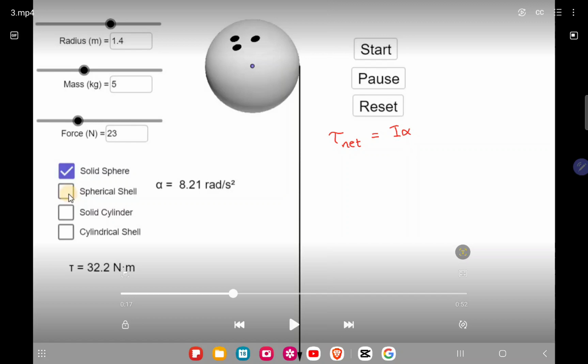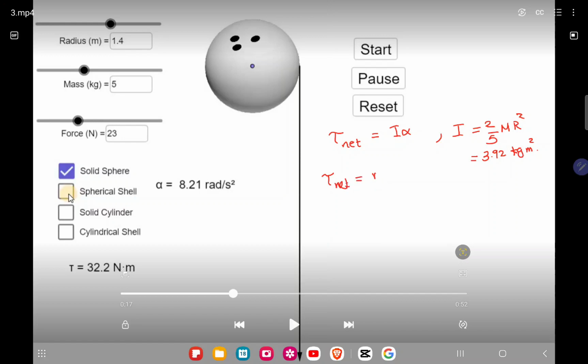Since this is a solid sphere, I for the solid sphere is equal to 2 over 5 mr square. Here m is equal to 5 kilograms, r equal to 1.4 meter. When we calculate this, I will be equal to 3.92 kilogram meter square.